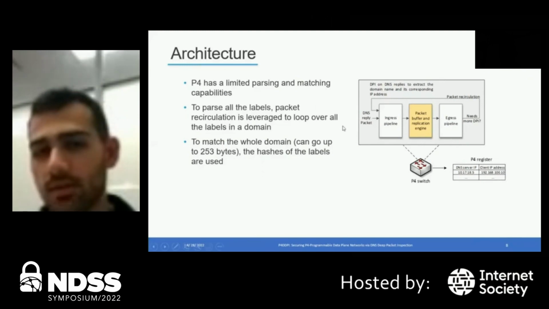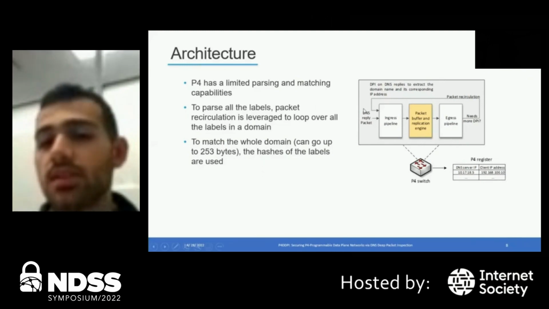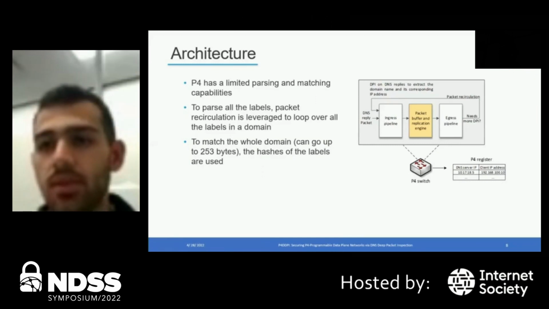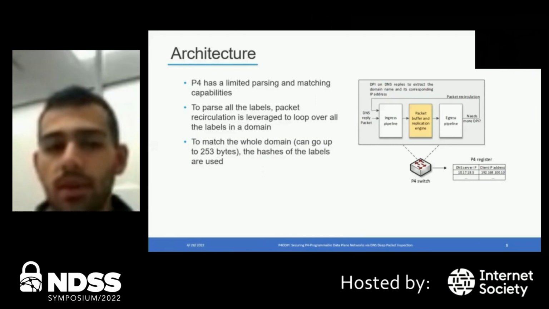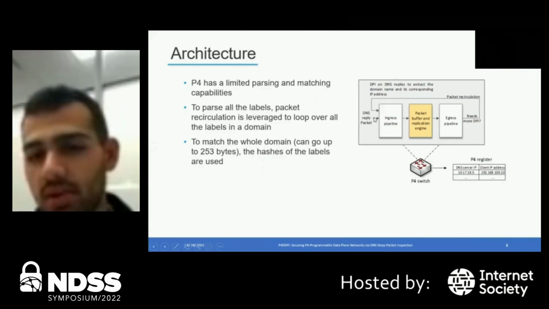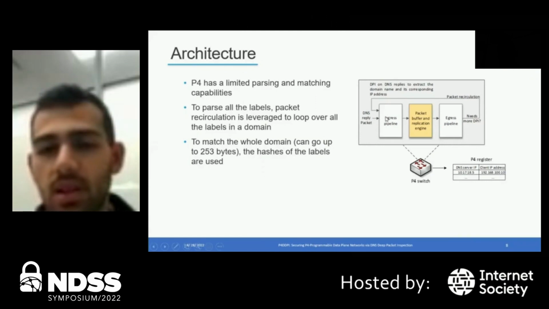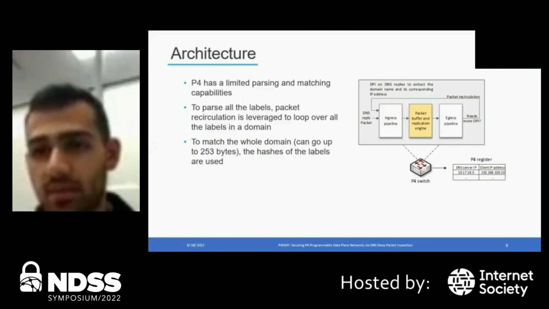In order to do that, what we did in the data plane is that we emulated loops using a technique called packet recirculation. So the DNS reply or the DNS query comes to the P4 switch. The P4 switch will parse a limited number of labels, not all the labels at once.